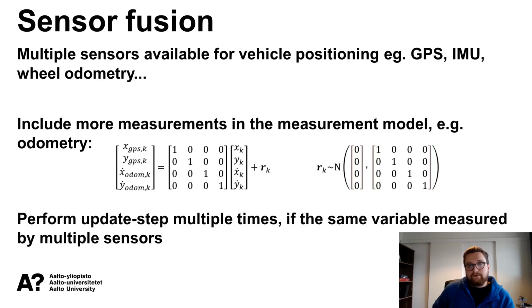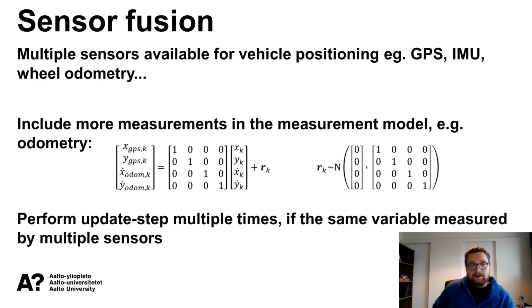You can see that here it's provided as a 4-dimensional multivariate normal distribution, zero mean, and a 4 times 4 covariance matrix. That is all that would need to be done to update the example I just showed you to also include odometry data. Nothing more complicated than that.